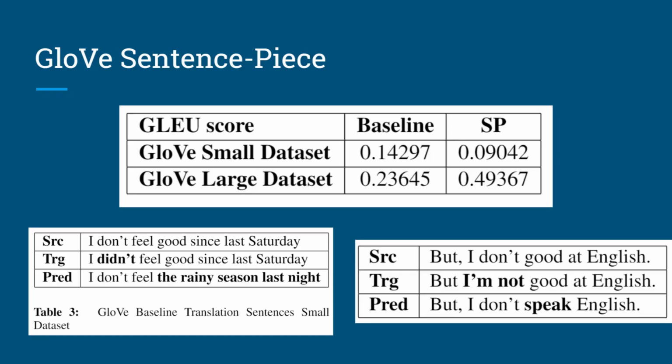Looking at the difference between the small and large on the GloVe embeddings, it looks like in the small data set, the SentencePiece did worse. Any idea why? One idea is it was only 900 lines of sentences, so maybe it didn't learn very well.